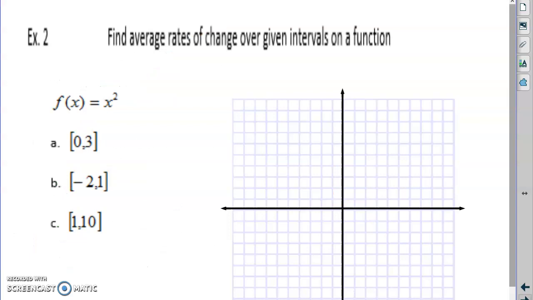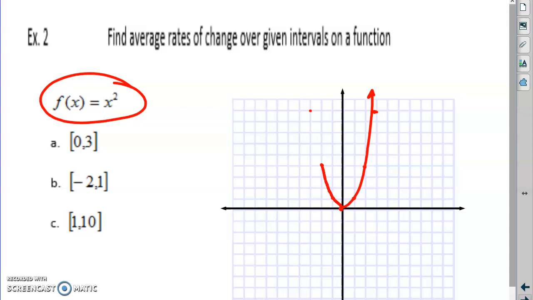All right, what if we said find the average rate of change and I gave you the function? Well, to make it easy, we could graph it. I can graph that: (0, 0), (1, 1), (2, 4), (3, 9), and (-1, 1), (-2, 4), (-3, 9). And we could pick an interval. Let's do this one, because that's on our graph: -2 to 1.